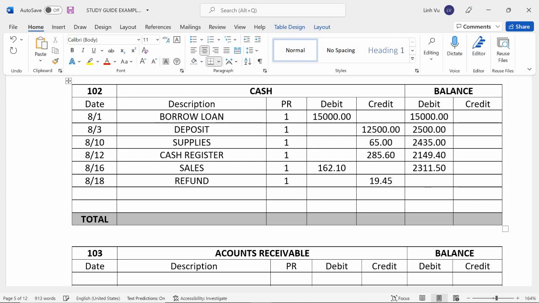So that's going to decrease. So 2311.50 minus $19.45. You're going to get 2292.05.